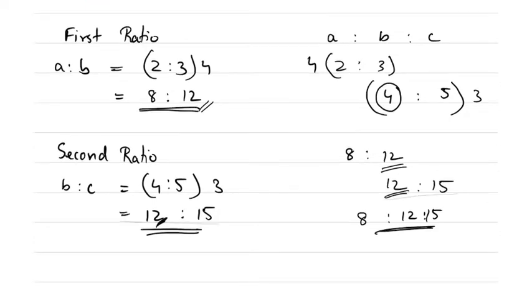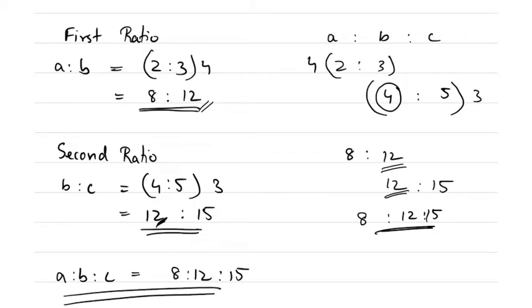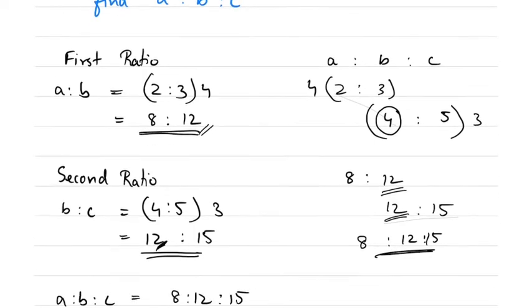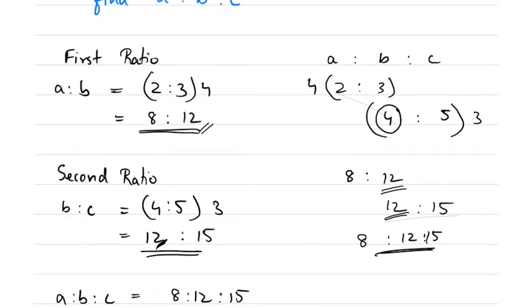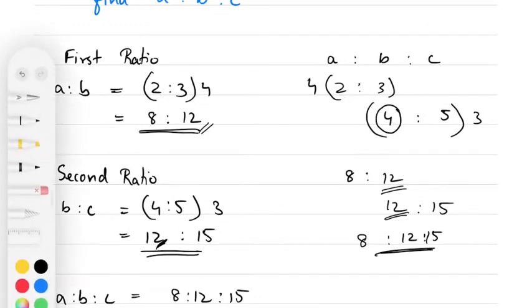Correct? So A is to B is to C is equal to 8 is to 12 is to 15. And that is what is asked.